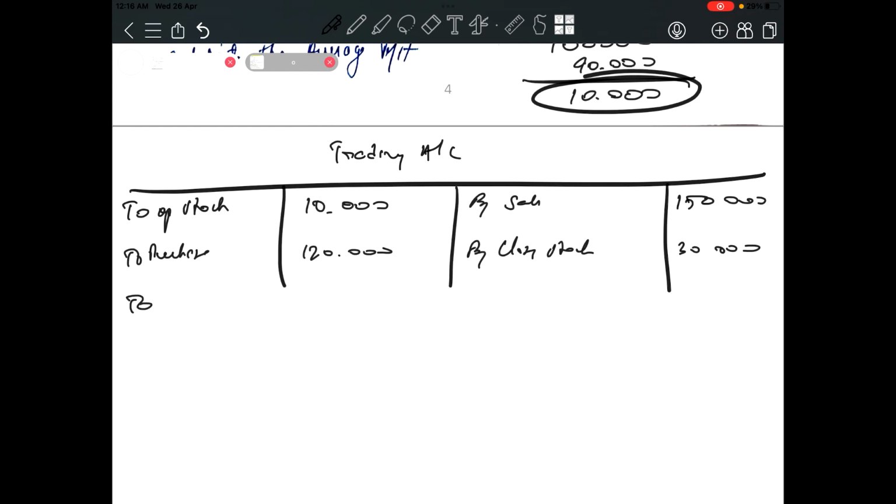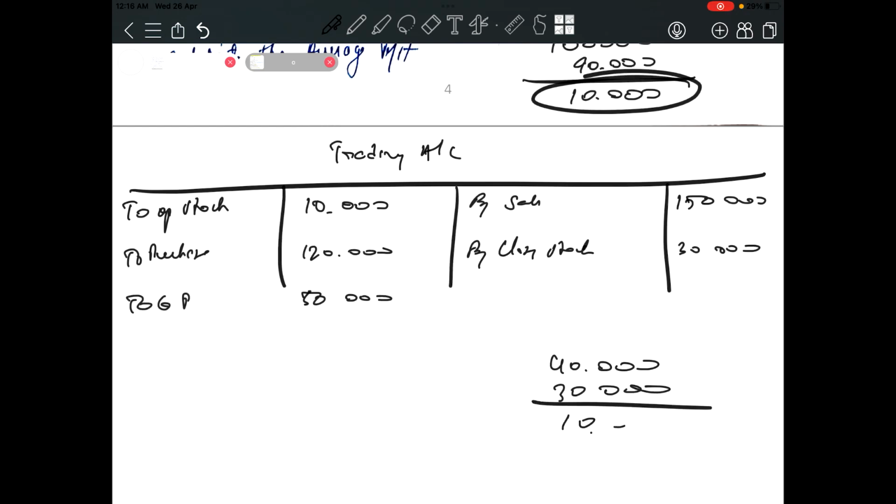So what will be your gross profit? 1,50,000 plus 30,000 is 1,80,000, minus 1,30,000 will be 50,000. Your gross profit will be 50,000.